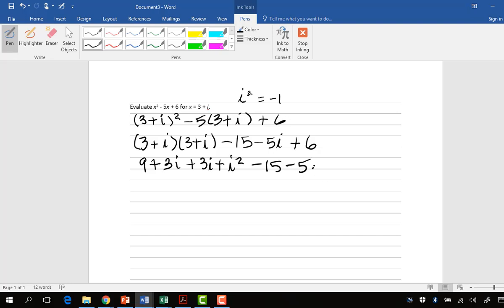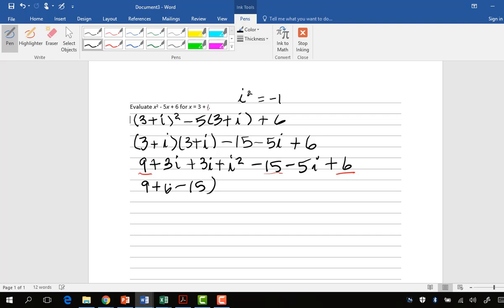Notice how I'm recopying the rest of the expression. And now I'm going to combine like terms. I have a 9 minus a 15, which is -6, plus 6. So I'm going to underline these like terms and write them in order.